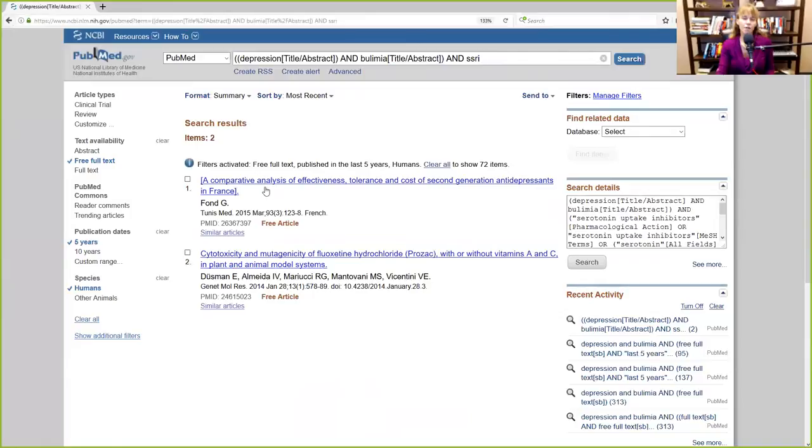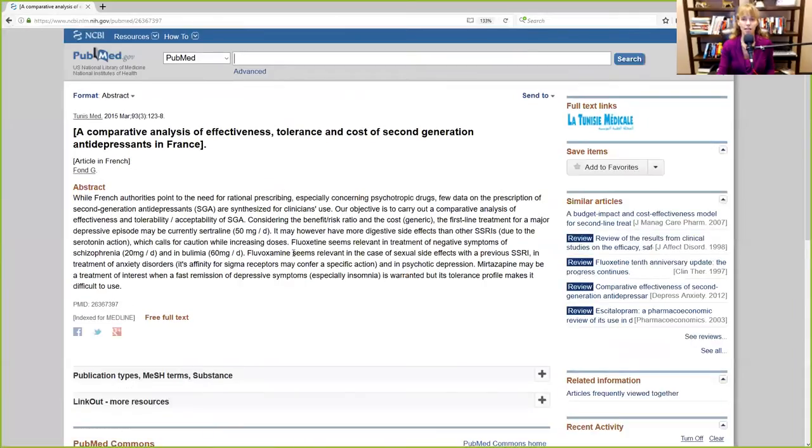So we find a comparative analysis of effectiveness, tolerance, and cost of second-generation antidepressants. This one's in France, but for what I was looking for, it may give me what I'm looking at. And it's talking about Prozac in terms of its use and a couple of the other SSRIs.